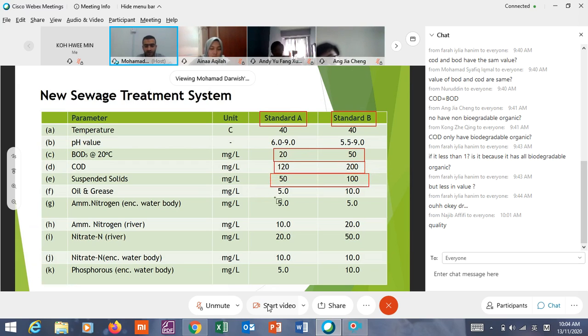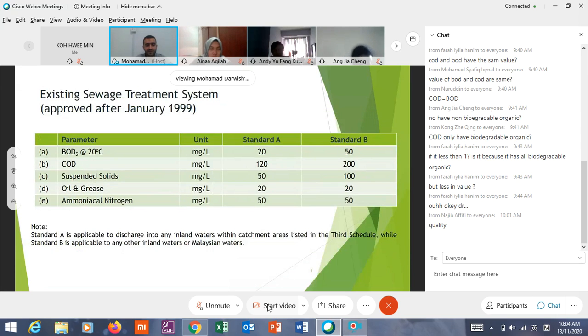You can see the oil and grease, the ammoniacal nitrogen, and all the parameters will be different. Some parameters will be different between the two standards. All right.